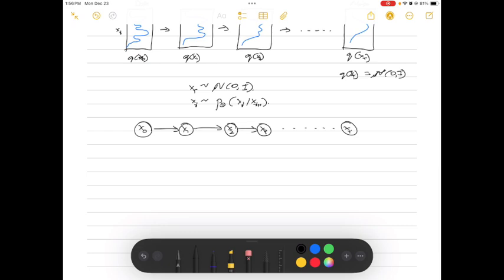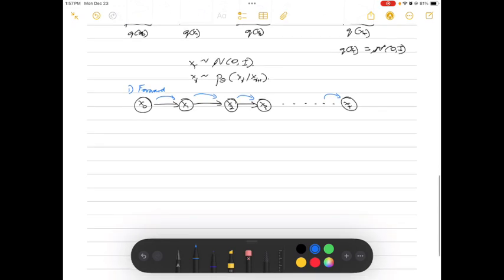In the first stage we move forward by progressively adding noise until we reach xt, and we do this using the distribution q of xt given xt minus 1, which is a simple linear Gaussian distribution.